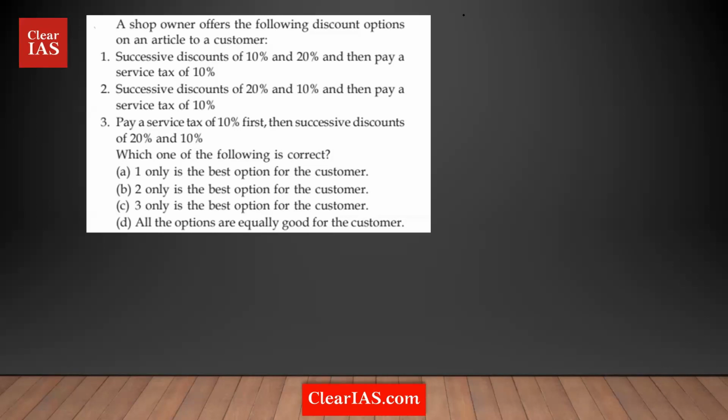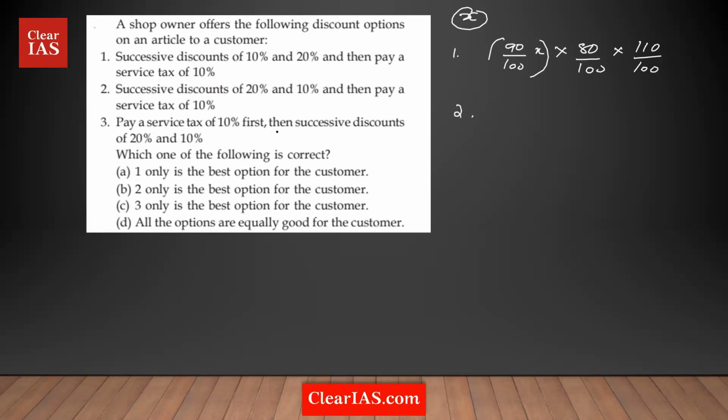So let's say the amount is X. First is saying that you are getting a discount of 10%. That means 90% of X. The value becomes 90% of X. Again, you are getting a discount of 20%, becomes what? 80% of whatever value here you are getting. Then you pay a service tax. That means you are paying 10% extra on top of it. That is 110% of it. So this is what is actually happening in the first one.